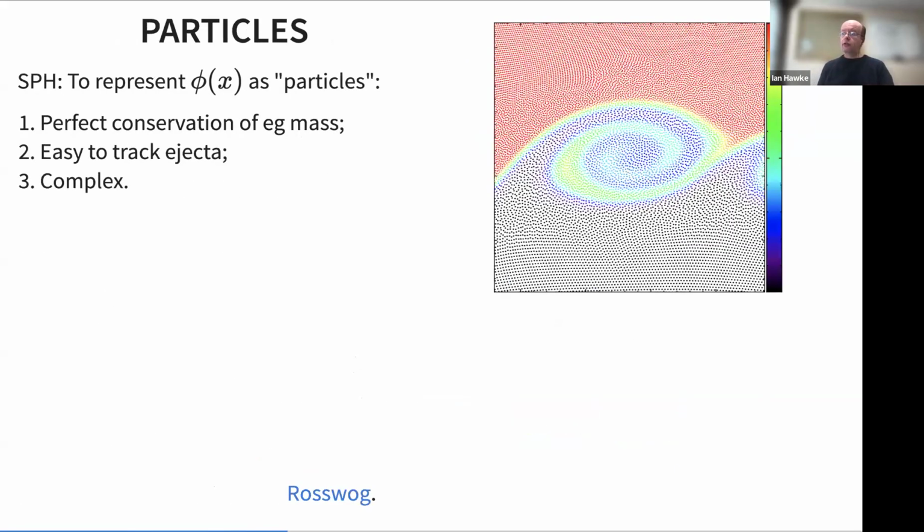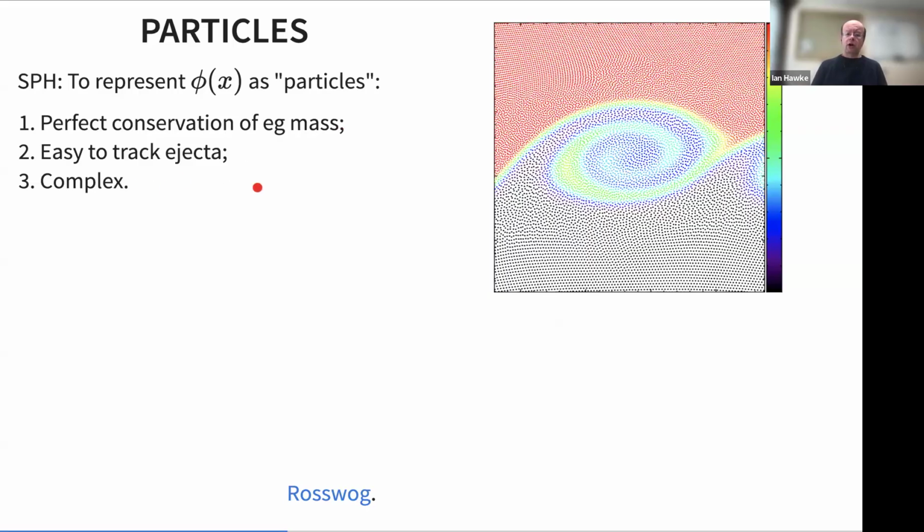There is one additional approach that was discussed by Stefan Osvog on Monday, and that's smoothed particle hydrodynamics, where the field is represented by a set of packets, each of which is called a particle. The advantages that Stefan discussed are perfect conservation of, for example, mass, which makes it easy to track, for example, ejecta from neutron star mergers.